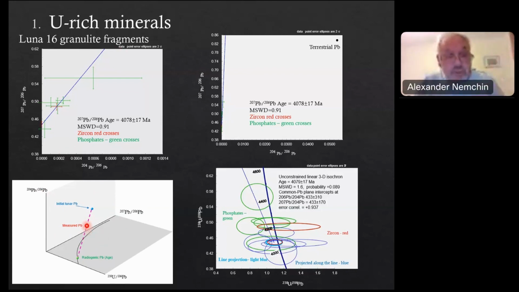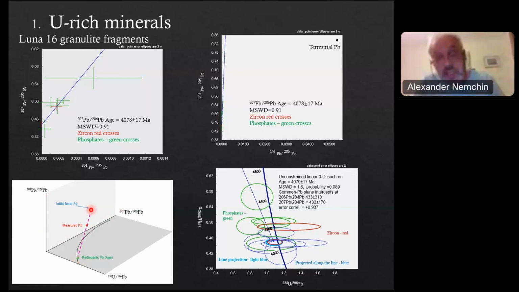And again, in 3D, our analyses are hanging in space. If the systematics is simple, then the series of analyses would form a line. And this line will intercept the Concordia plane right where the Concordia curve is, corresponding to the age. And the other end of the line will intercept our common lead plane where the initial composition is.